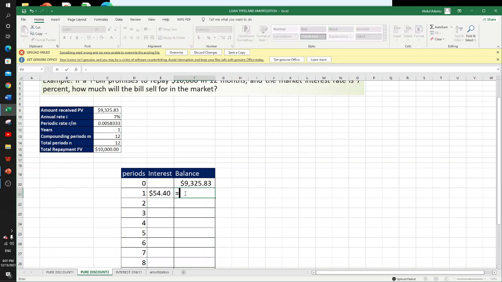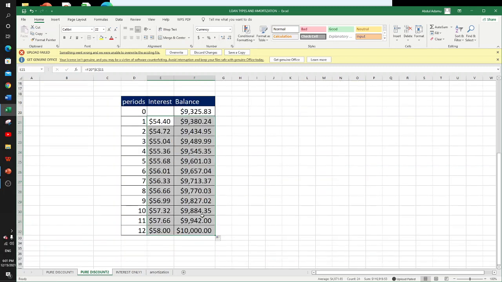Then add it to the amount you borrow, this plus this. Enter. Let's look at our interest, whether we locked it. We didn't lock it, so let's use F4 to lock it so that we can copy it down. Enter. Now it's locked. So we highlight these two and copy it down. Double click here.